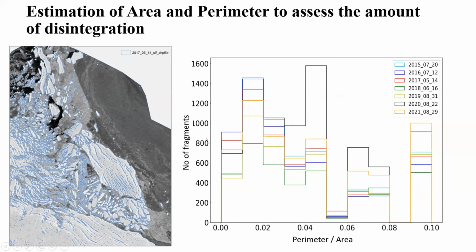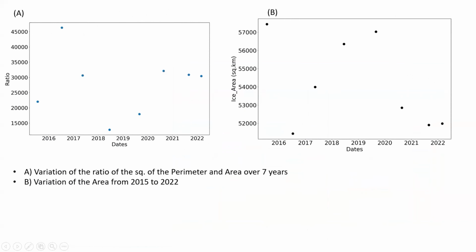We can see that more fragments are present in the small sizes, like below 0.05. So this area shows that there are more smaller fragments, and there are very few large fragments.